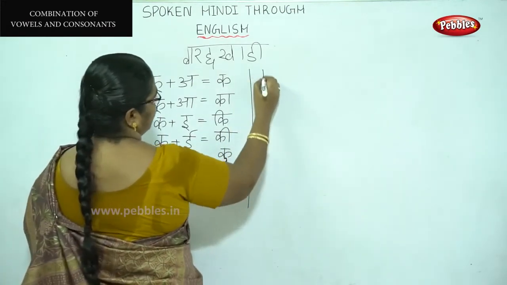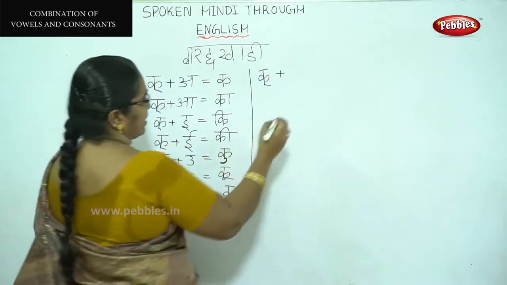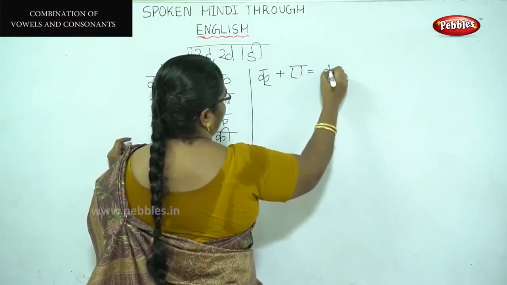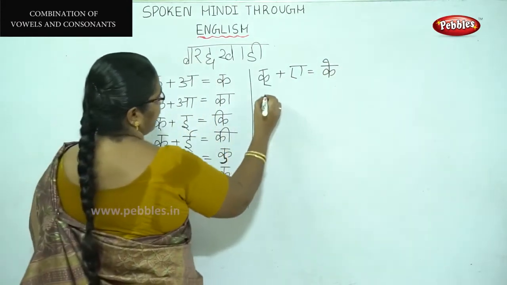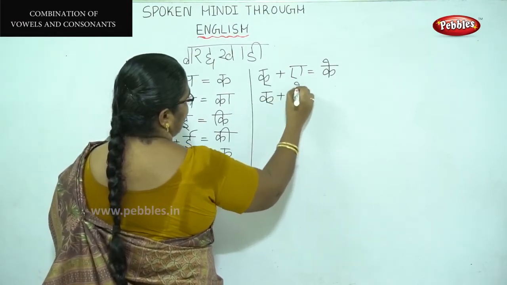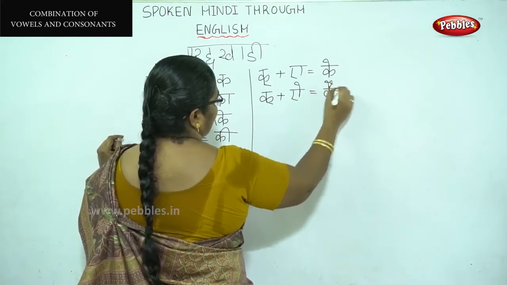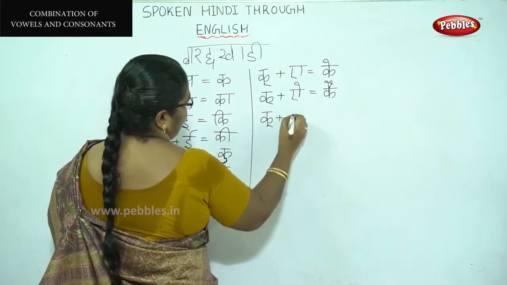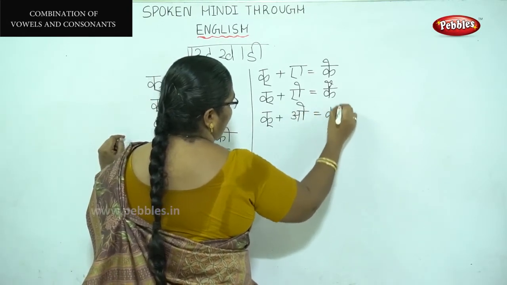The next one, ik plus e, ke. Then ik plus ai, kai. And the next one is ik plus o, that is ko.